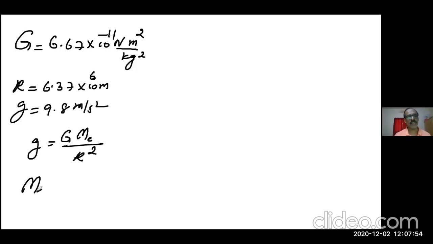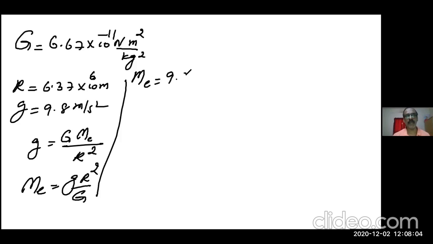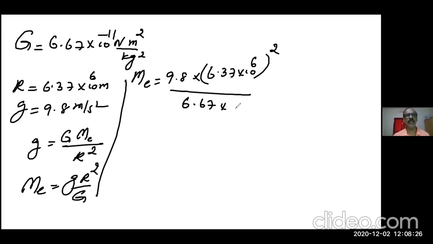Now, mass of the Earth is equal to gR squared divided by capital G. Substitute: mass of the Earth is equal to g is 9.8, radius 6.37 into 10 to the power 6 whole squared, divided by capital G, 6.67 into 10 to the power minus 11. Calculate and tell me the answer.